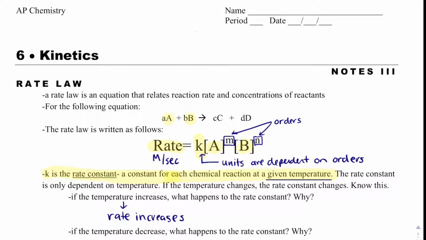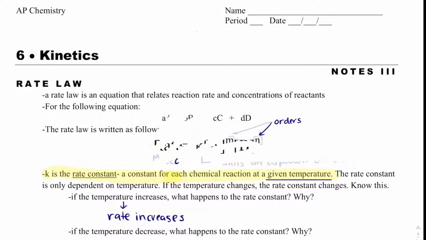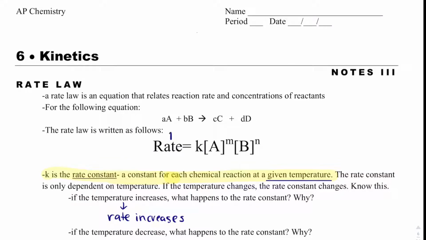And if we notice here in our rate law, if I need to increase my rate and I only change temperature, well, A doesn't have temperature in it, that's just a molarity, and B doesn't have temperature in it because that's just a molarity. So what that means is that k must also change, and so if my rate increases, k also increases.